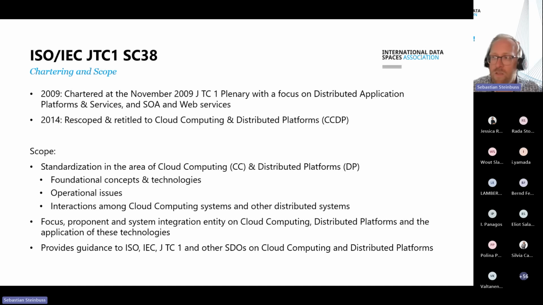And of course, the interactions among cloud computing systems and other distributed systems, with a focus on system integration in this whole field. It's well connected to a lot of other standardization activities, so as to not come up with a silo, but with a well connected set of standards to use in the end. That's a little bit how and where we started.